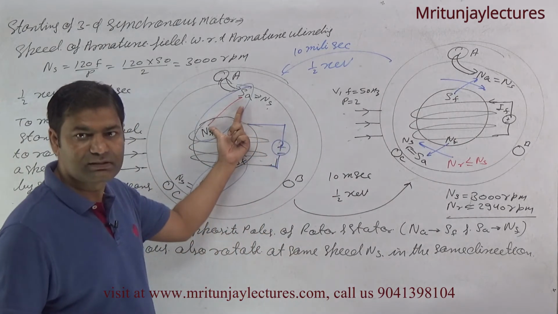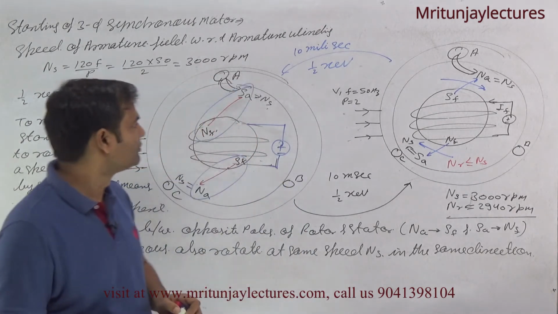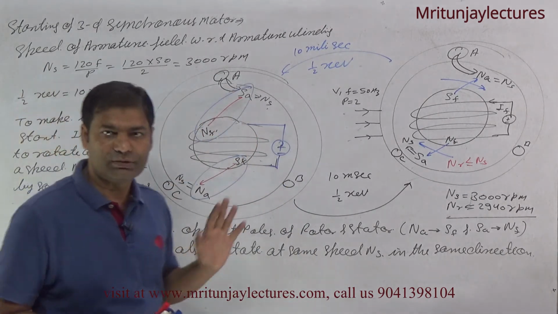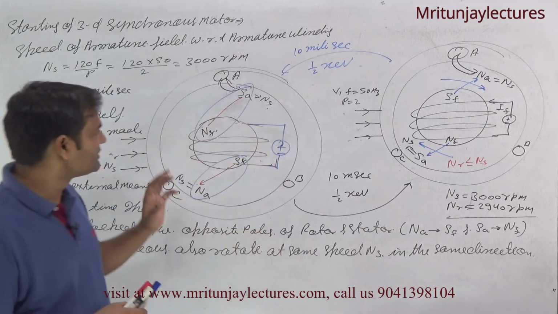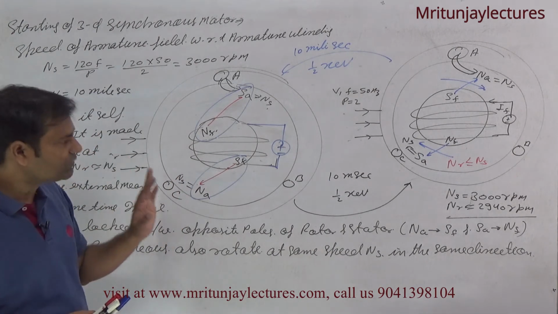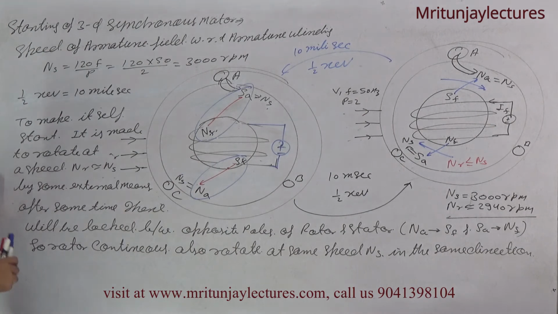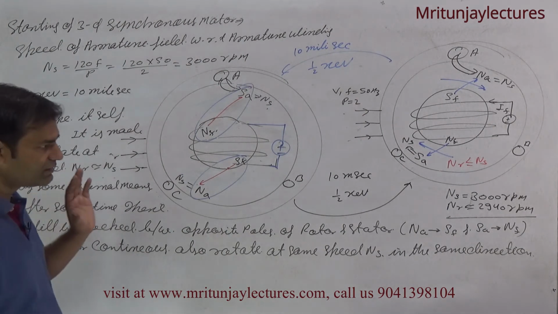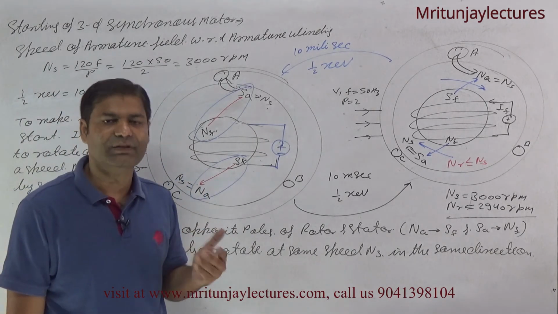After some time, due to opposite poles, they lock. If locked, then both speeds are the same, meaning both rotate in the same direction, or the rotor also rotates in the same direction as the stator field, or armature field. Clear?